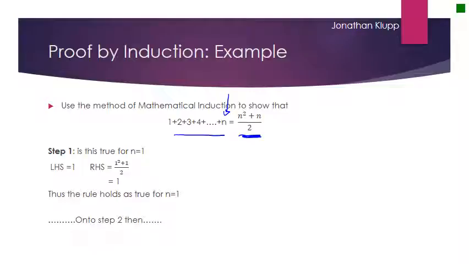We substitute n into the more complex expression. In this case we get 1. We know that the first term of the expression was 1, so we've got 1 equals 1. Thus this rule that we were wondering about proves to be the case for n equals 1. That's our first step.